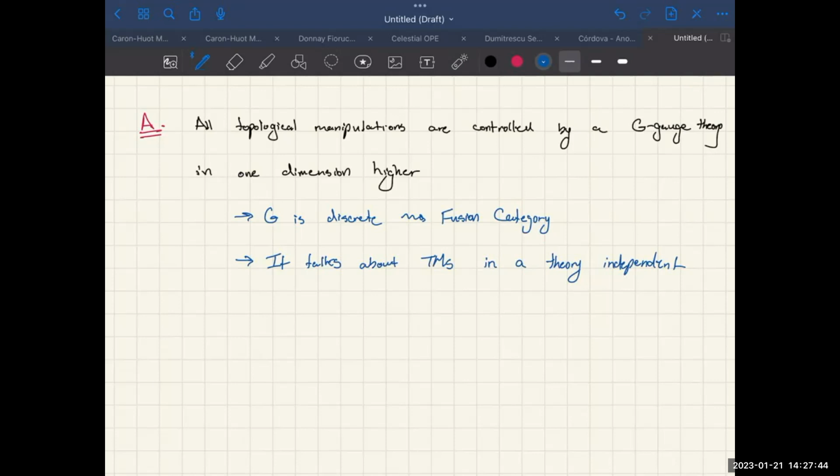All you have to tell me is the symmetry group G or symmetry fusion category. And then I can tell you all different ways that you could take a theory with any choice of local dynamics, and I can tell you all of the different ways that you can organize its global symmetry.